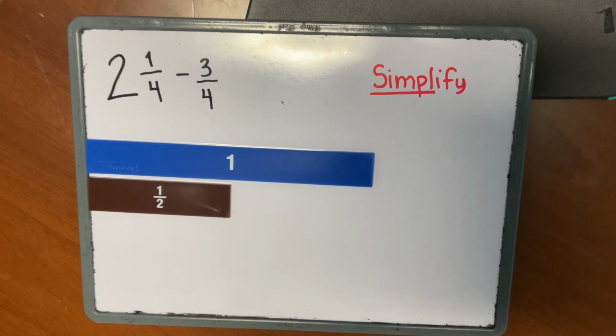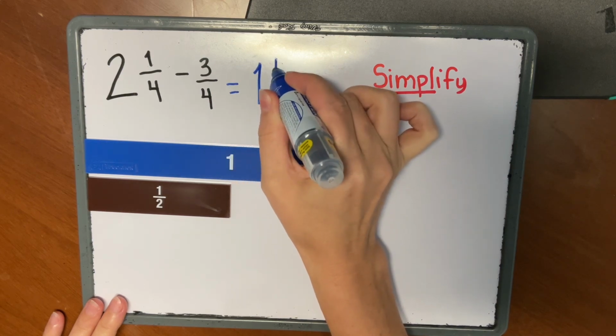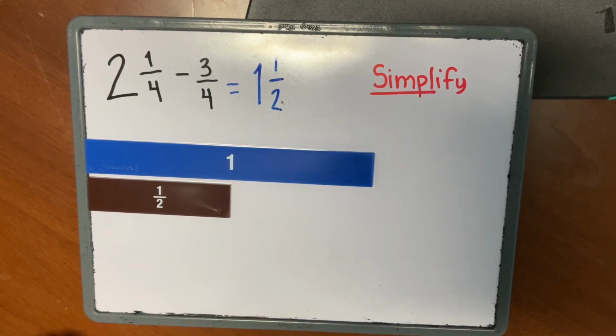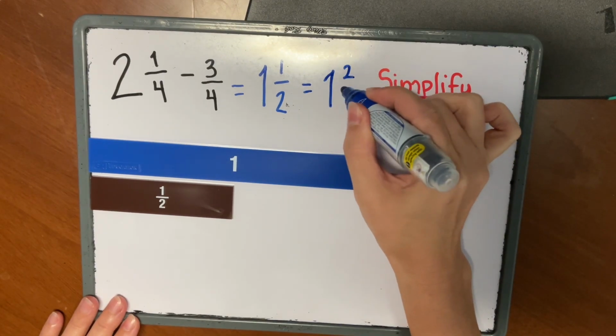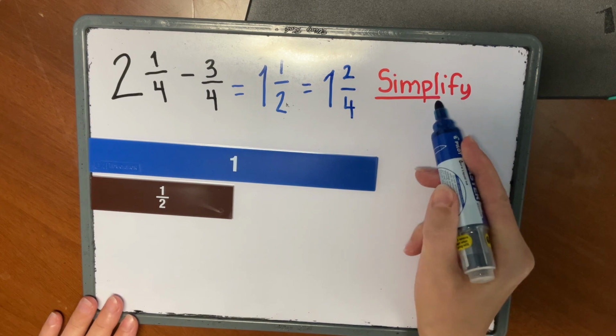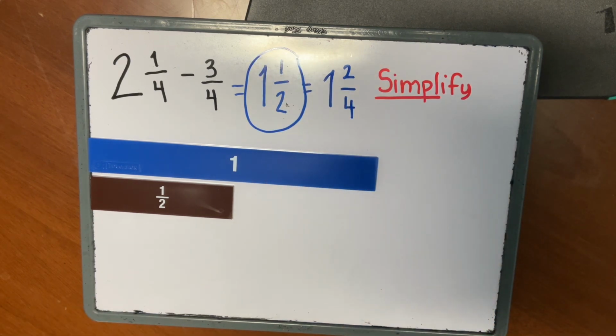And then I know that 2 1/4 take away 3/4 is equivalent to 1 1/2. It was also equivalent to 1 2/4, but I know that if I'm simplifying, 1 1/2 is the simplest proper fraction and mixed number.